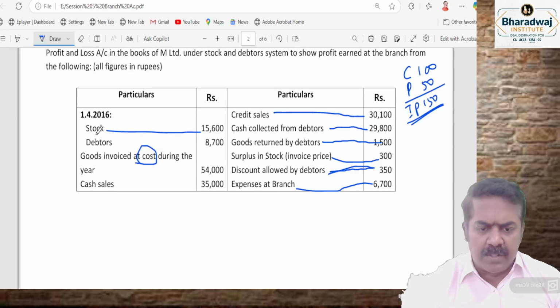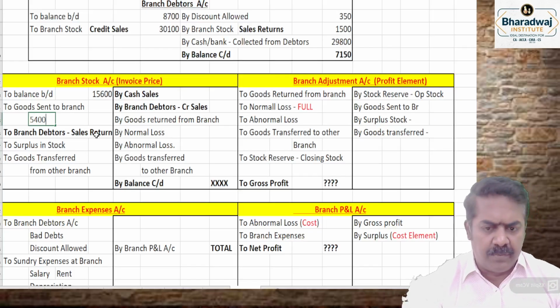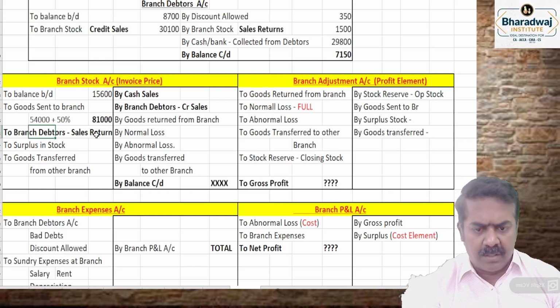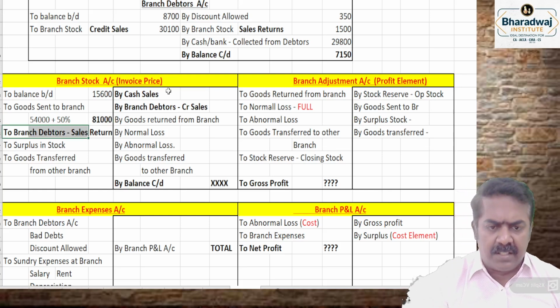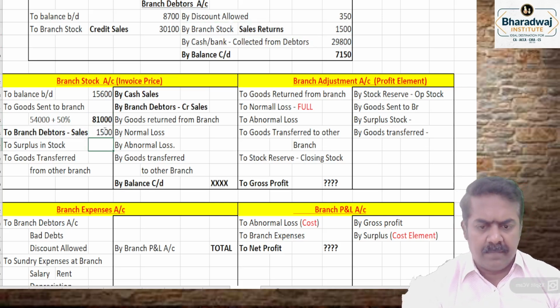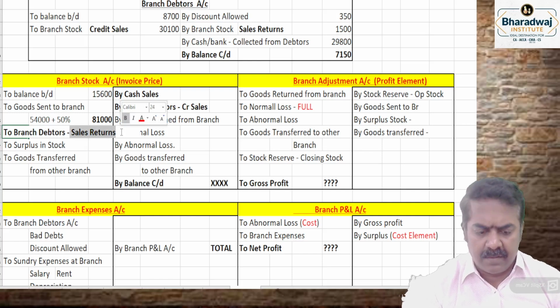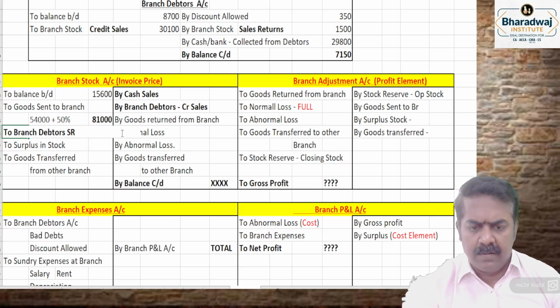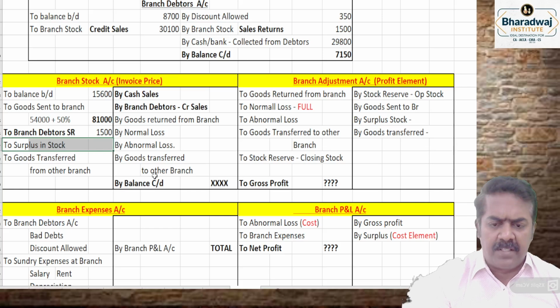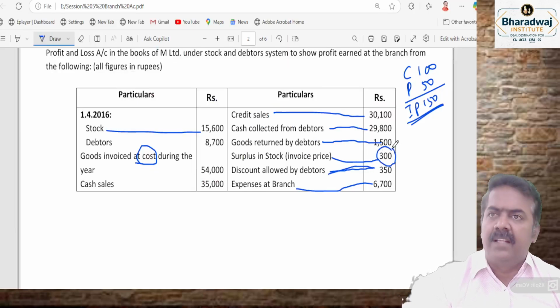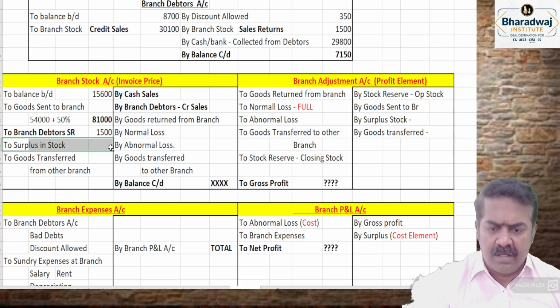Goods sent to branch, what is it given? 54,000 plus 50%. 54,000 plus 50% will be 81,000. Sales returns available. Yes. 1,500. This is sales returns. Surplus in stock they have given directly in the question. How much? 300 surplus in stock.